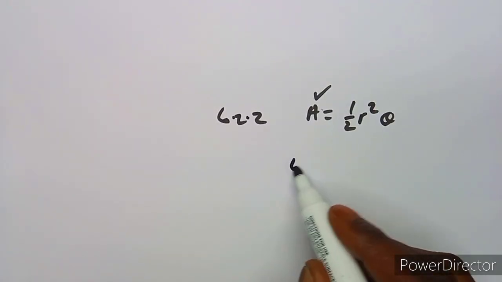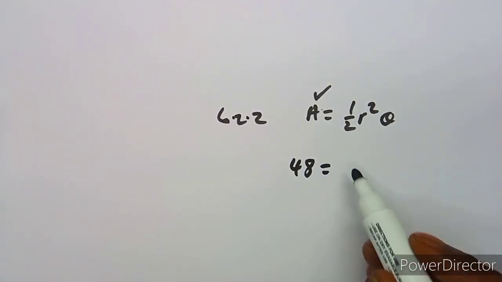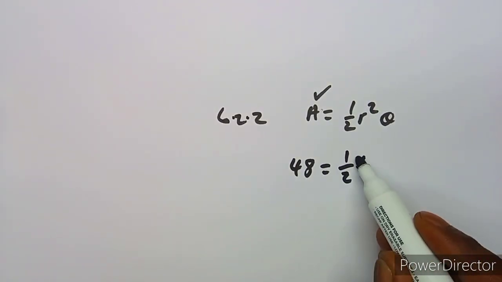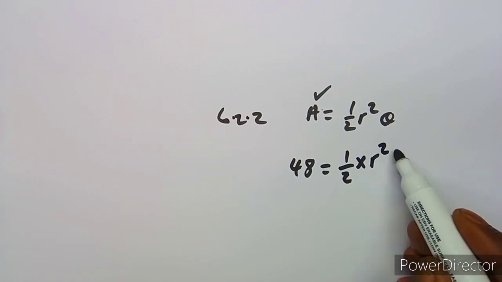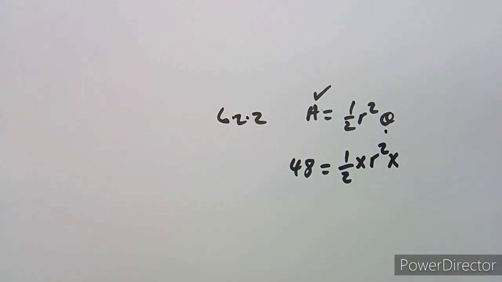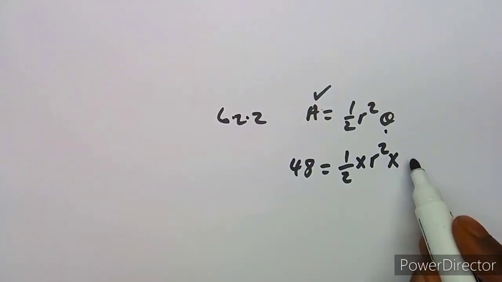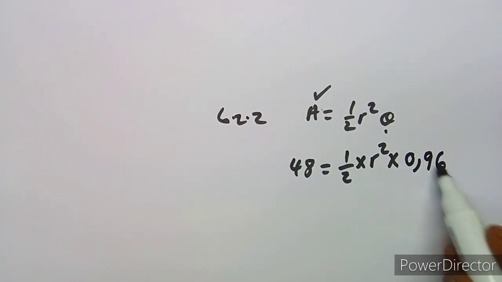So you can formulate an equation: 48 is equal to half times r squared theta, where theta is the angle in radians that we are given. Theta, take note, guys, must be in radians, which is 0.96. So play around with your equation to find r.